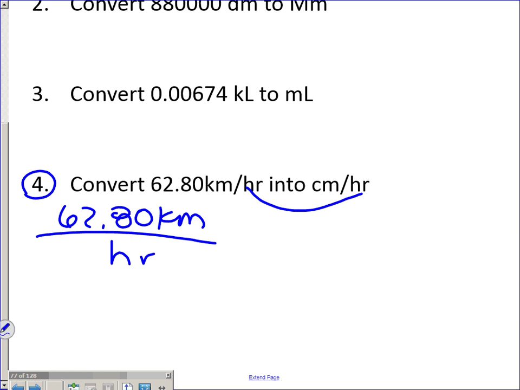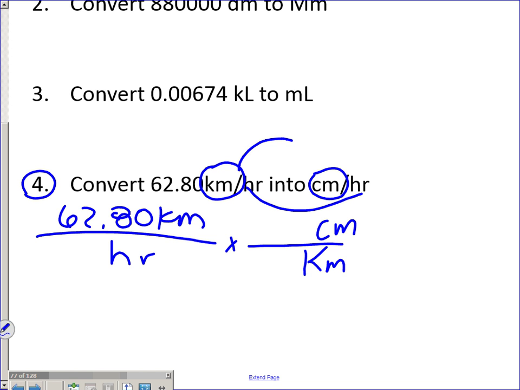On your number line, touch kilo and centi, and tell me the number of zeros that connect them. Is it 10 to the 5th? Hold on. What unit goes on the bottom? Kilometers, because you don't want kilometers, so you have to cancel it here. And centimeters goes on top, because you can see we're going from kilometers to centi.